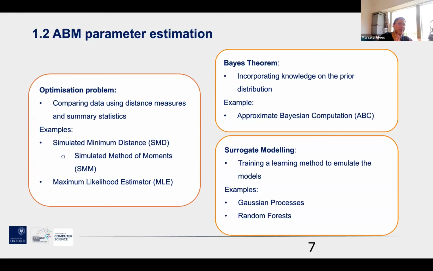So how is ABM parameter estimation usually done? ABM is just a stochastic system, so how do people do it with other models? There are a bunch of other models with similar characteristics. How is it actually done? Well, there are three very strong fronts. One is thinking about parameter estimation as an optimization problem, right?